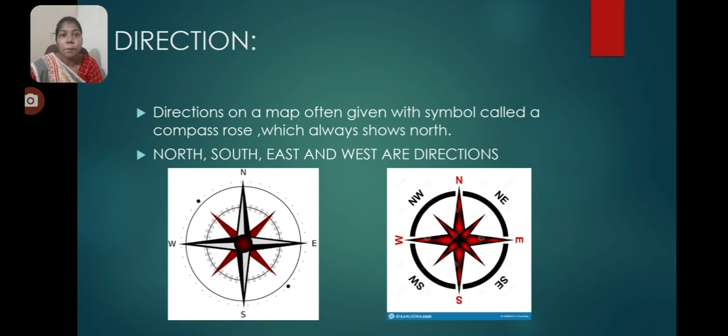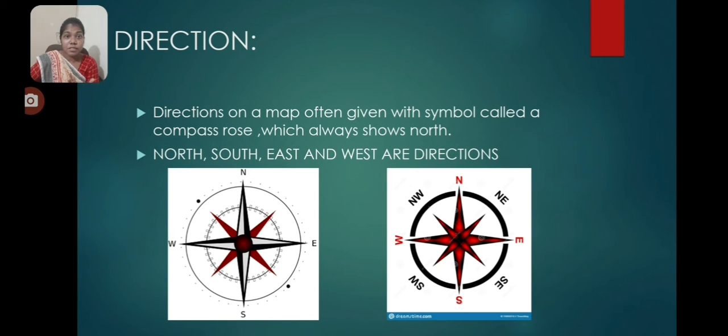Next we'll be talking about direction. What is a direction? Directions on a map are often given with a symbol called a compass rose, which always shows north. North, south, east and west are directions. In a map, directions are very important. Only because of directions we could locate the places. Mostly it's about north.